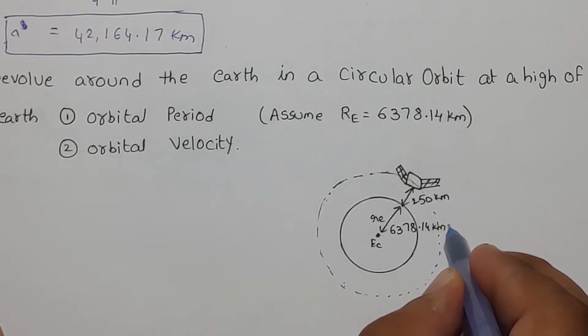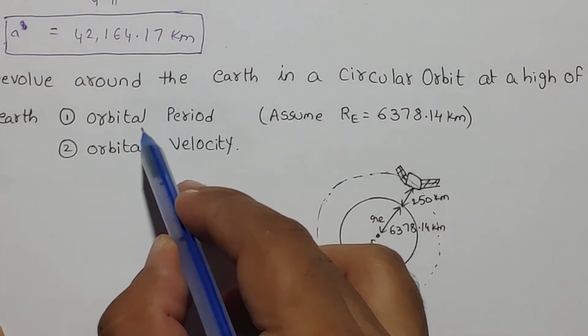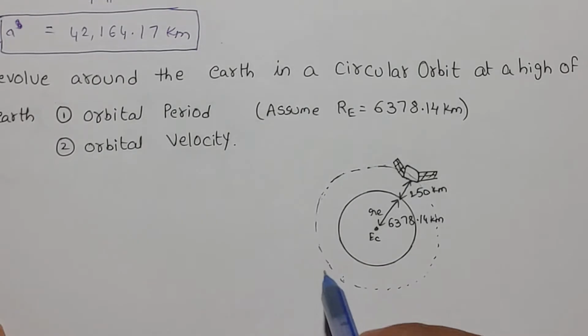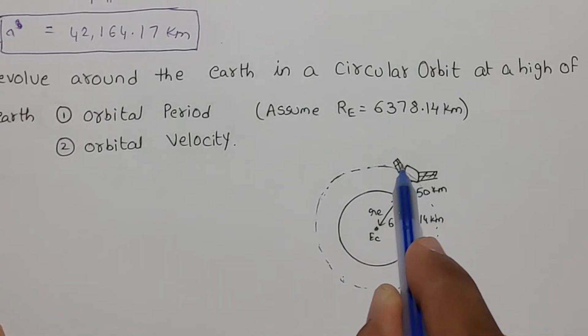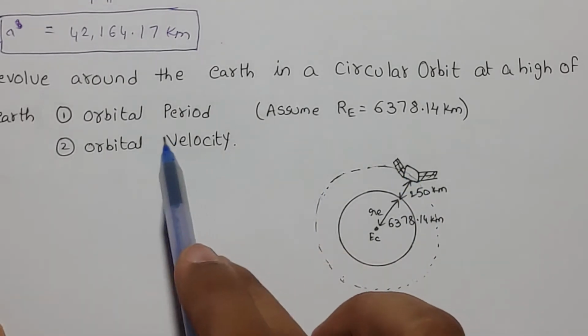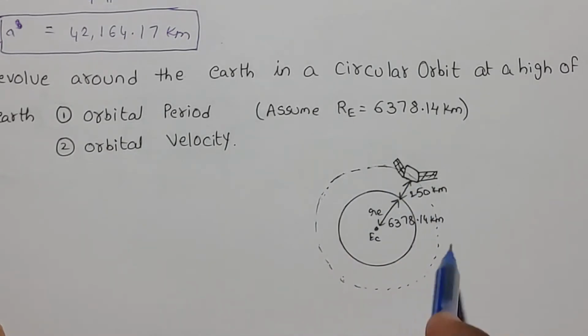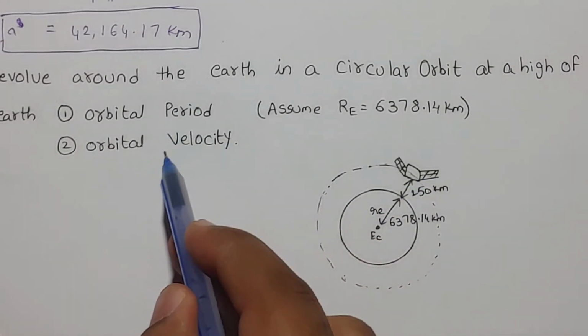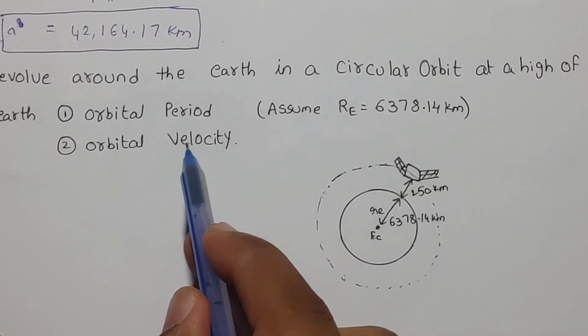Now we need to find the orbital period, that is the time taken by the satellite to revolve around the earth, and the velocity of the satellite in its orbit. As we have already discussed the formulas in the previous videos, let us apply them.